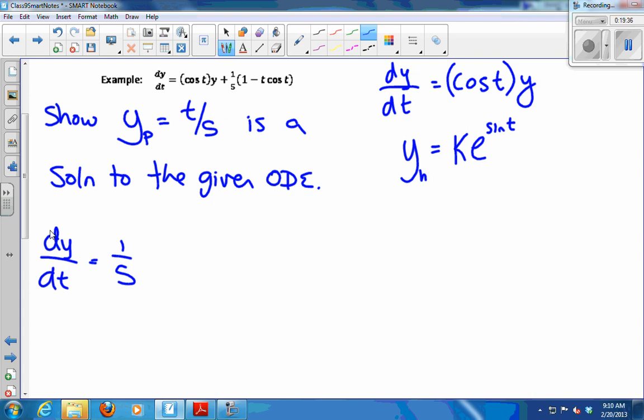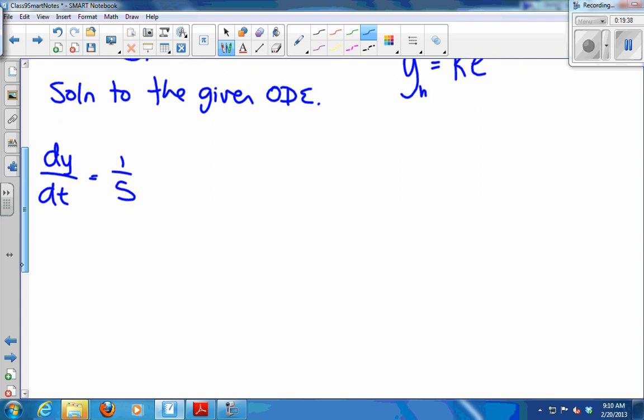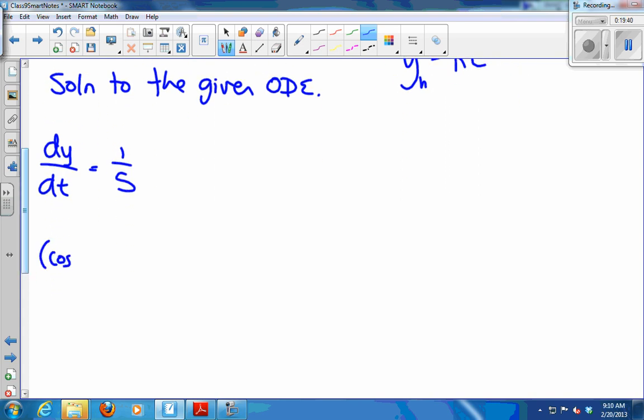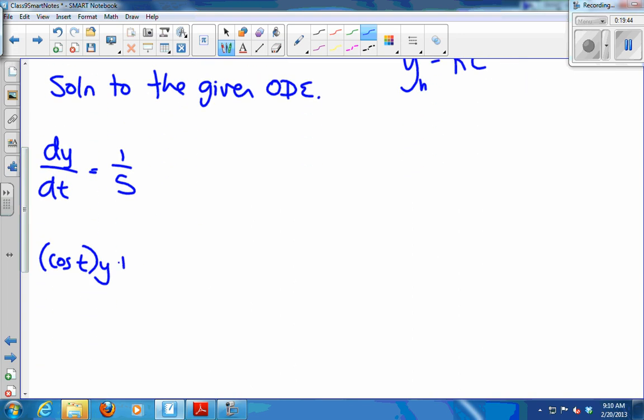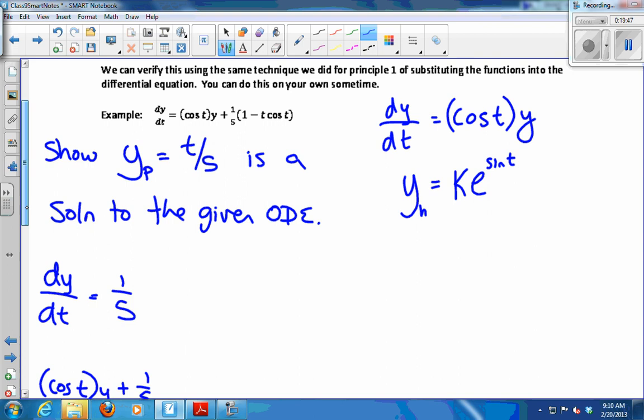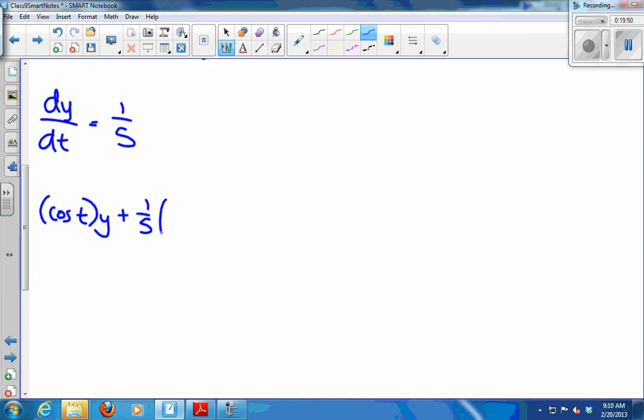And then the right-hand side of this equation, cosine t times y plus 1/5 times 1 minus t cosine t. I'm going to evaluate this, and hopefully I get 1/5. I want the left side to equal the right side. So I'm going to replace the y with t over 5.